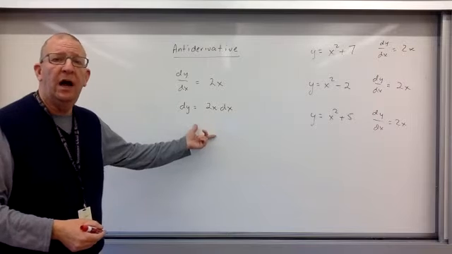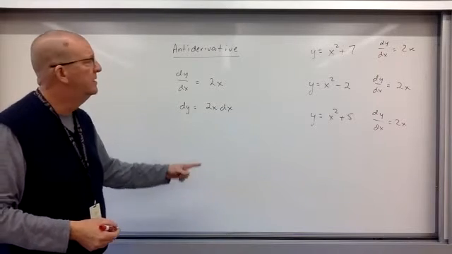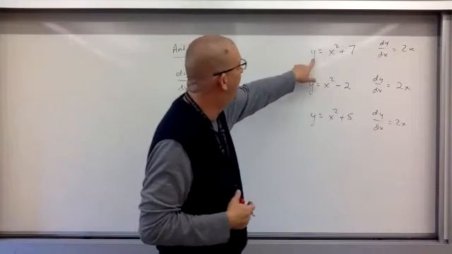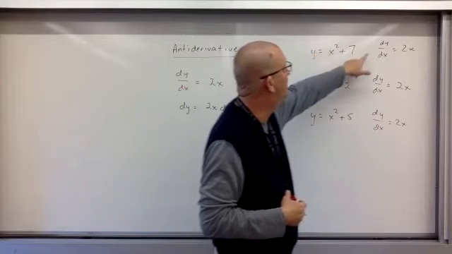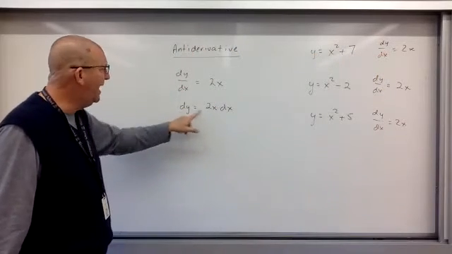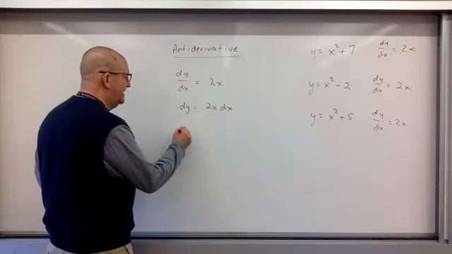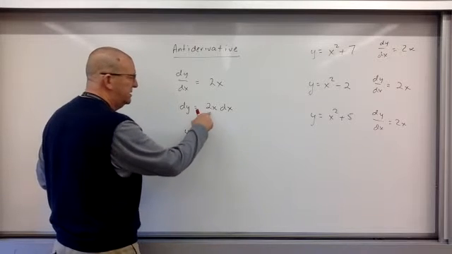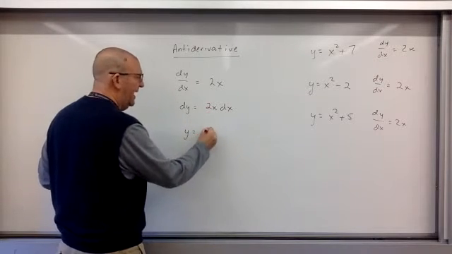Now, we undo the derivative. So just like when we took the derivative here, we said, okay, y, take the derivative, that means you have dy dx. Here, when I have dy equals this, I'm going to say, okay, y equals, well, x squared.